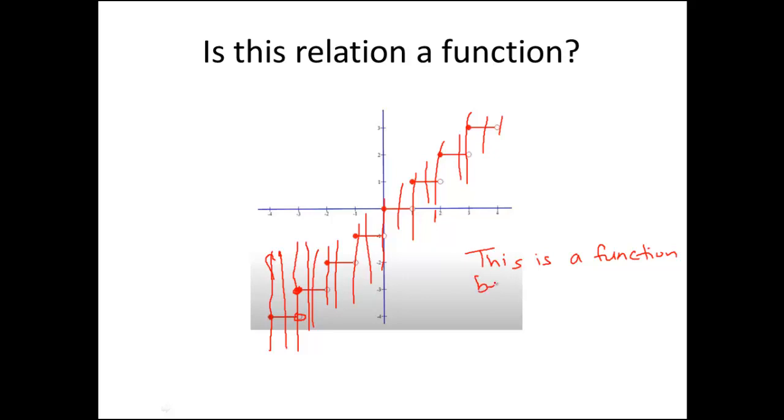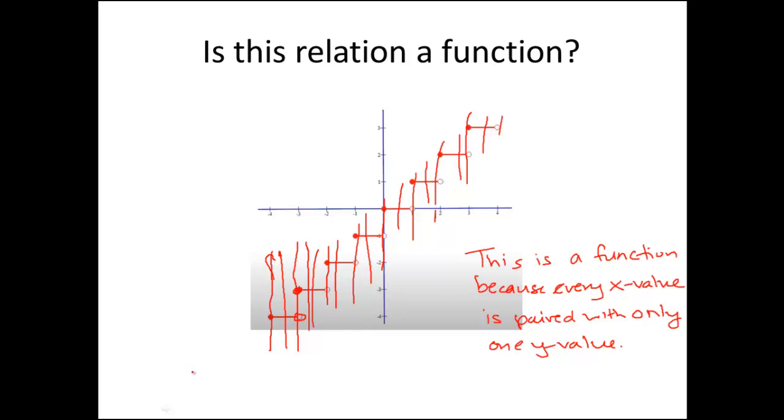This is a function because every x value is paired with only one y value. So you might have to use that definition to explain why something is a function. Sometimes it's okay to just say, yep, it passed the vertical line test. Sometimes we ask you to use that definition.